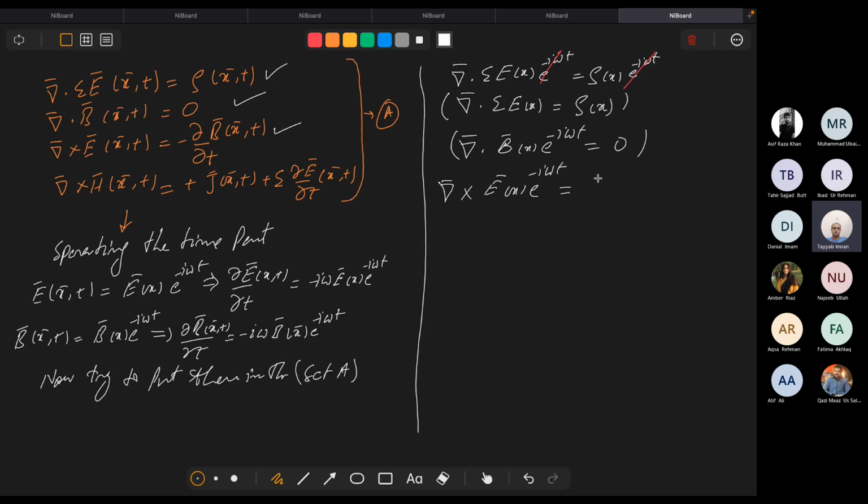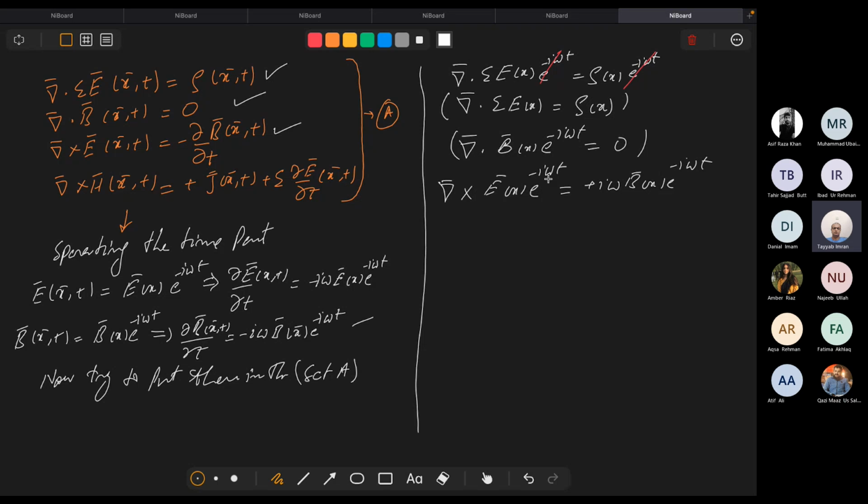It is equal to plus omega, this differential form, and omega t.